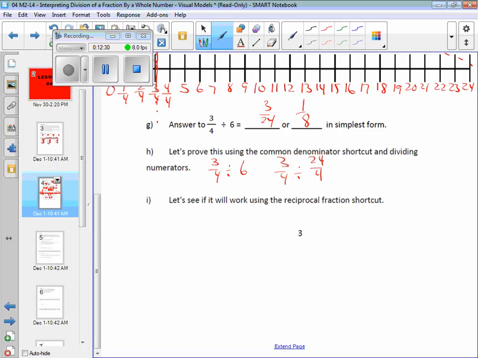If I go straight division now, which number's on the outside? 24 into 3. Ready? This is going to look really strange looking. 24 goes into 3 how many times? 0. How much left over? 0, with 3 left over out of 24. 3/24, final answer.